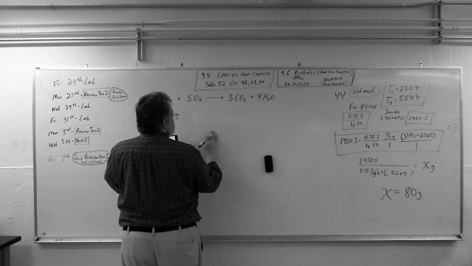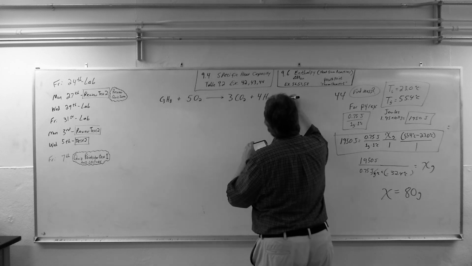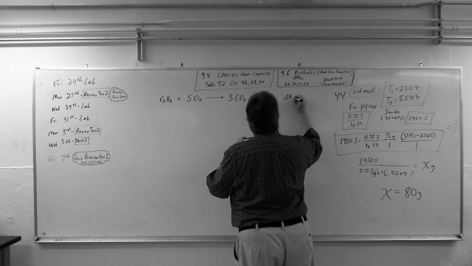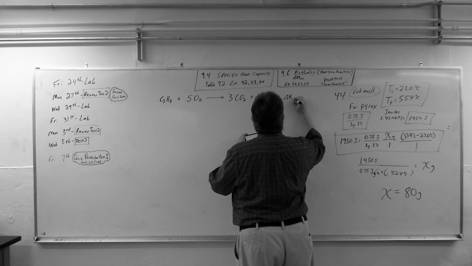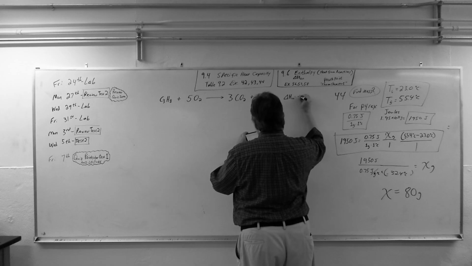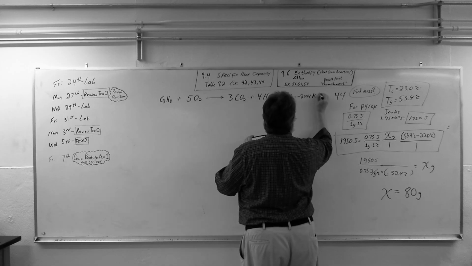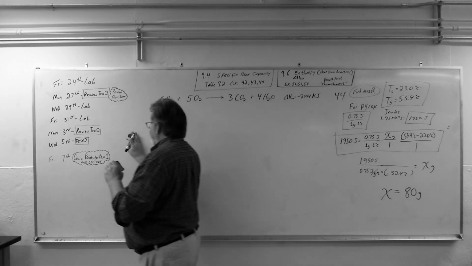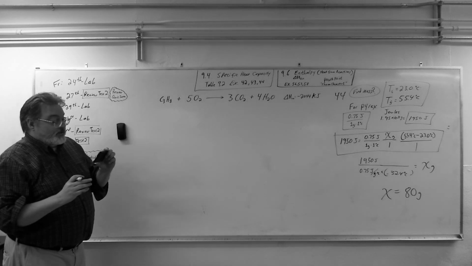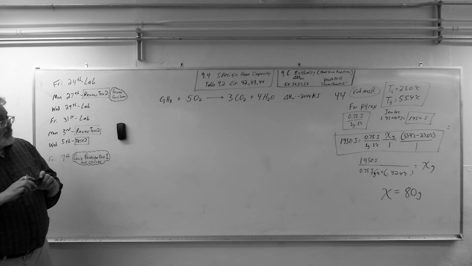So there's a reaction. And then out to the right here, I'm going to put delta H reaction, negative 0.044 kilojoules. So this doesn't involve a specific heat capacity, but it's very similar to the things we've done before.